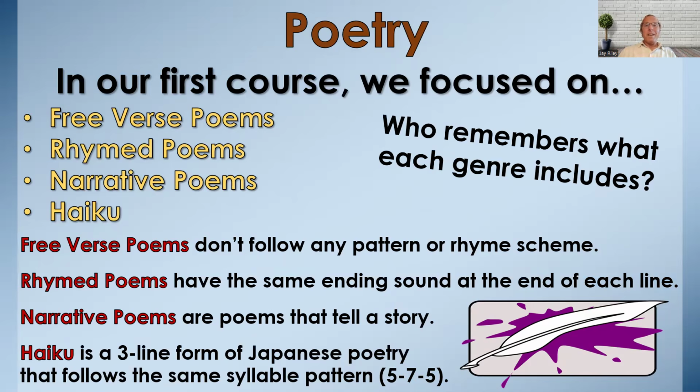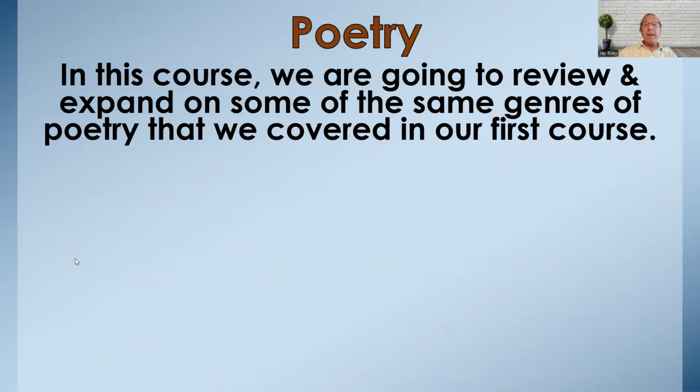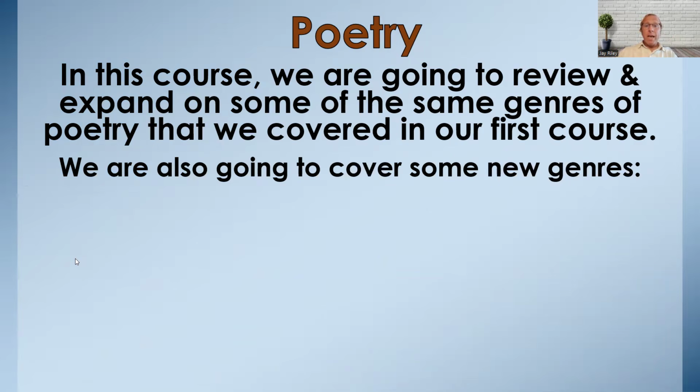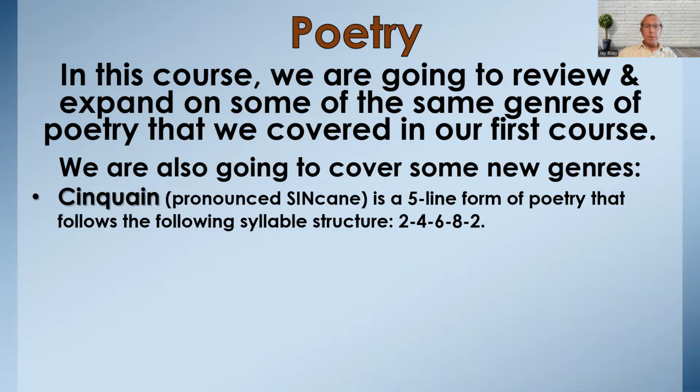Haiku is a lot of fun to write and to read. It is a 3-line form of Japanese poetry, where the first line has 5 syllables, the second line has 7, and the third line has 5. And that was a lot of fun learning that genre with you guys. So in this course, we're going to expand on what we've already learned, and we're going to cover some new genres of poetry. The first is a cinquain.